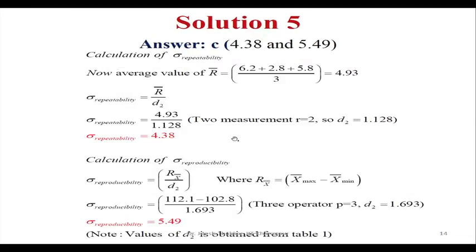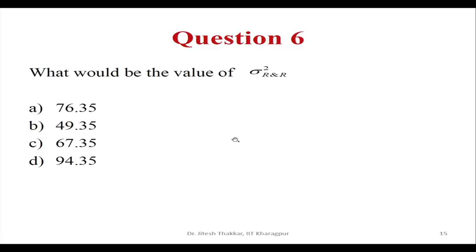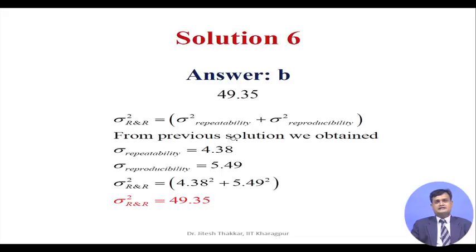Now, let us look at question 6, where we would again be using the same data set. What would be the value of sigma r and r square? You are given 4 options: 76.35, 49.35, 67.35 and 94.35. The correct answer is B, 49.35.